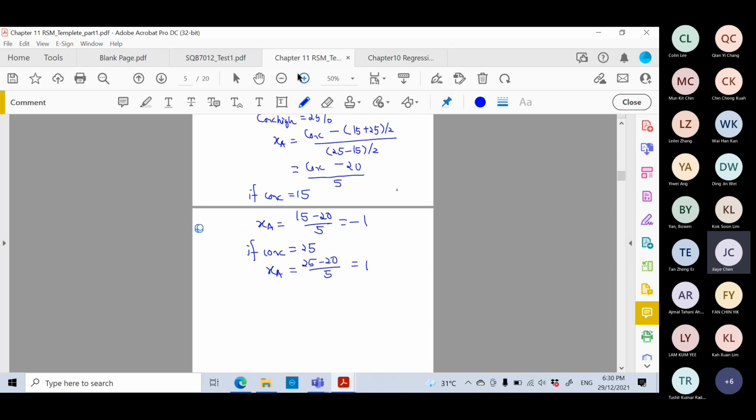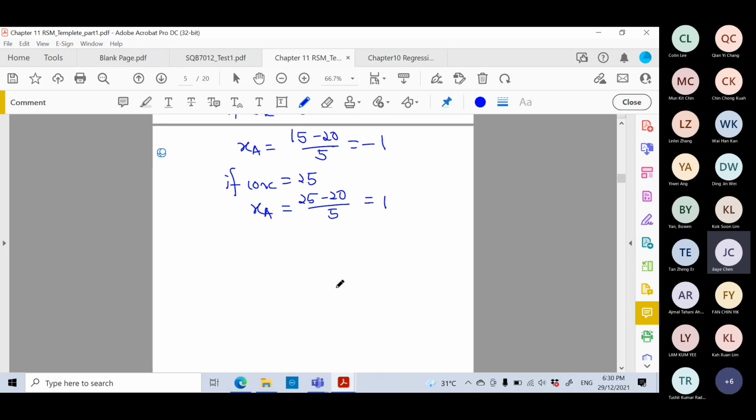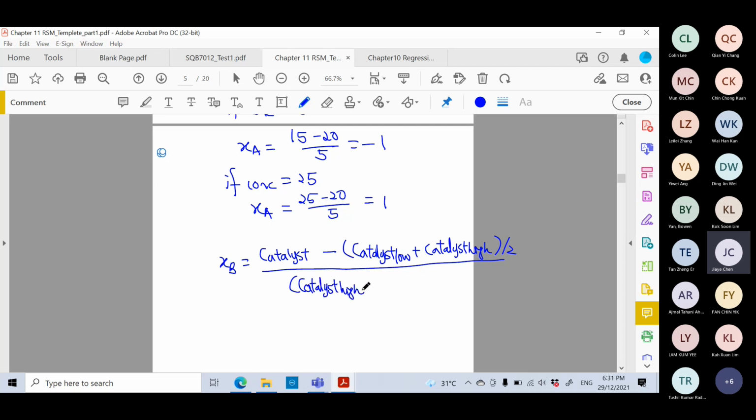So the X for the B will be equal to the catalyst minus away, if you still remember, the catalyst at the low level plus the catalyst at the high level over 2, divided by the difference, which is the catalyst at the high level minus the catalyst at the low level divided by 2.